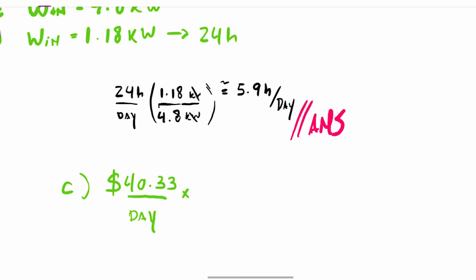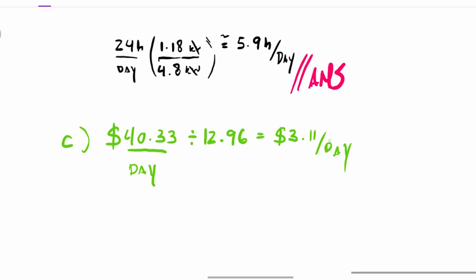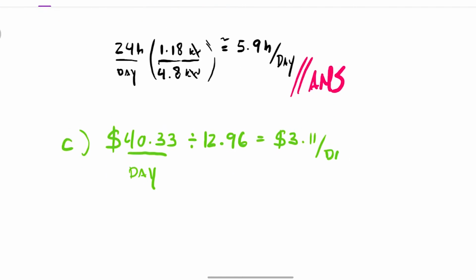But this device has a coefficient of performance of 12.96. So if I divide this by 12.96, I'm going to have to pay 12.96 times less, which ends up being the $3.11 that we had in a day.